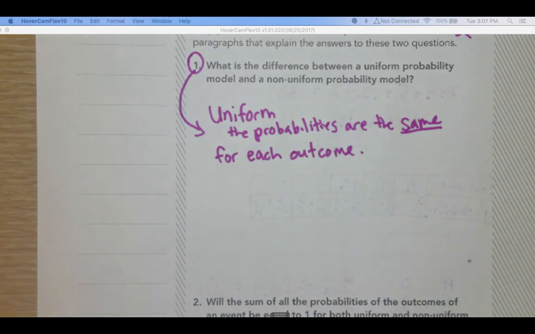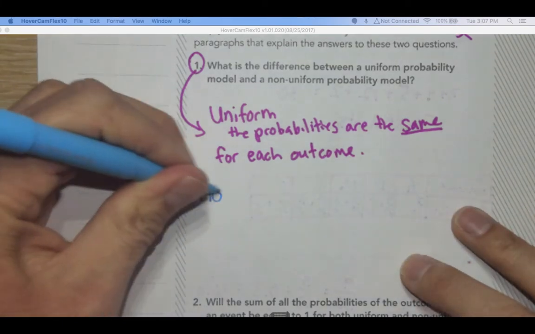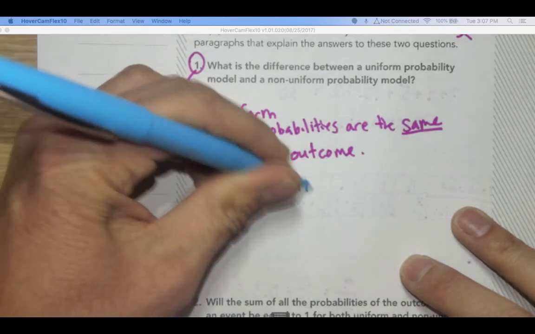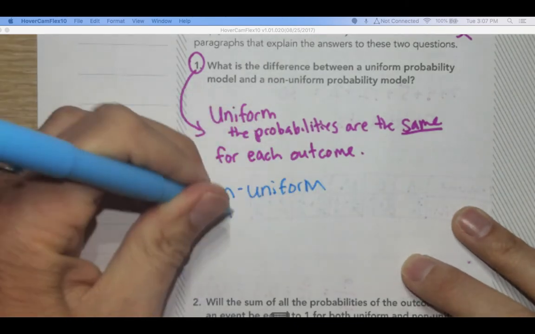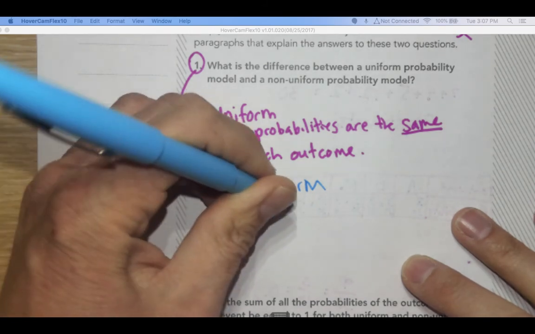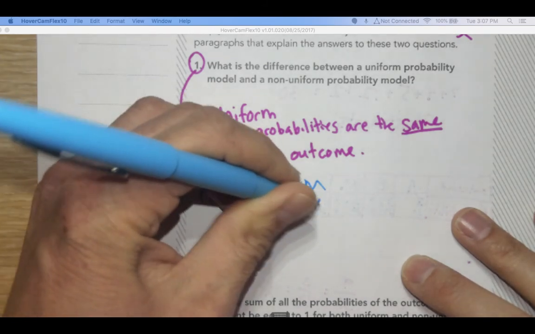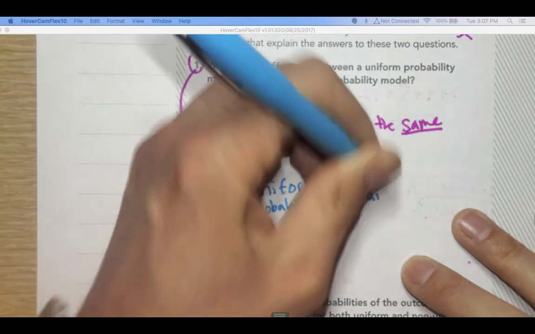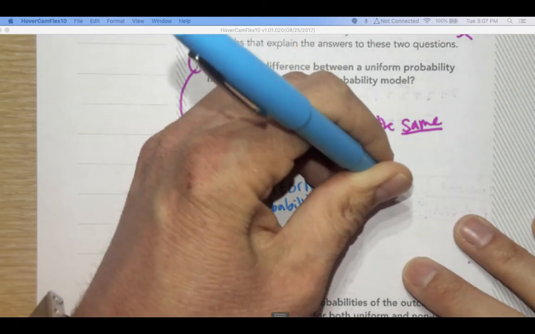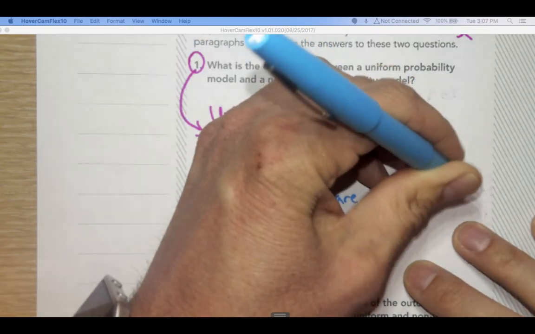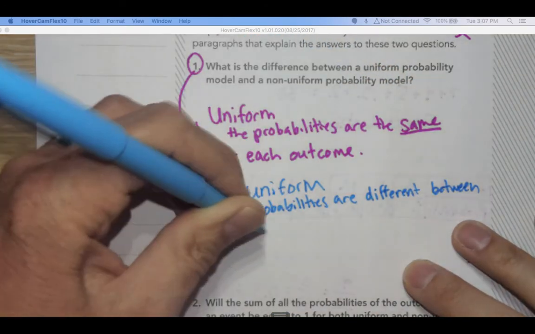For a non-uniform, the probabilities are different between the outcomes.